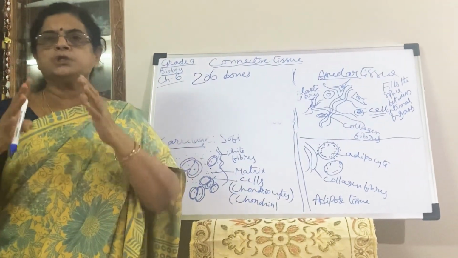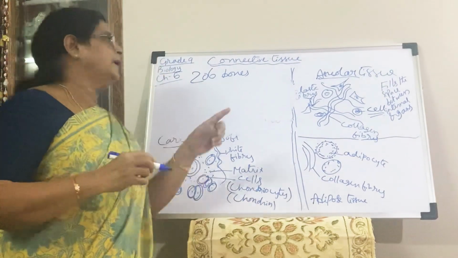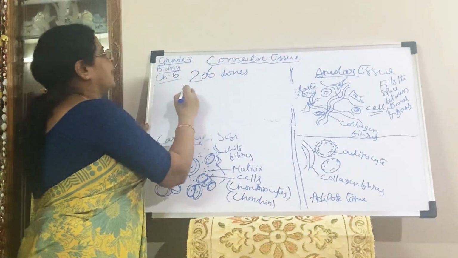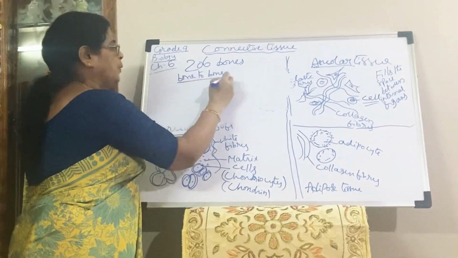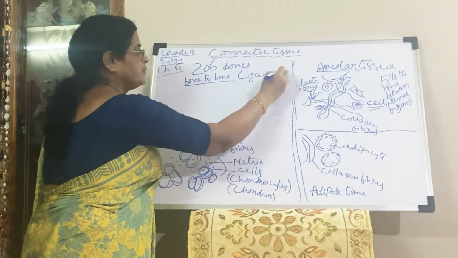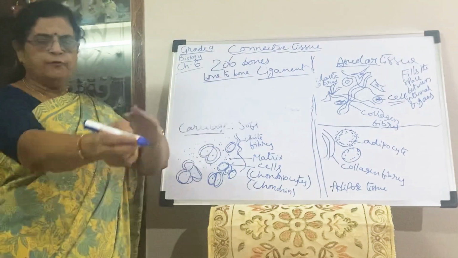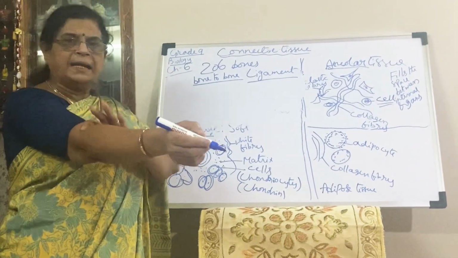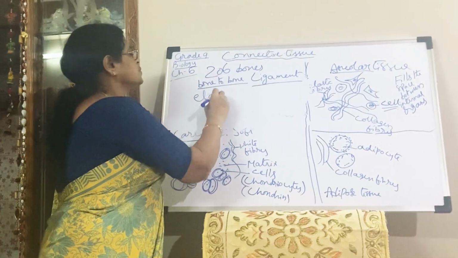The bones also give a structure, a framework. The connection of bone to bone is called ligament. Ligament is a connective tissue. Ligament, the bone to bone connection, goes from one bone to another bone and is elastic in nature.